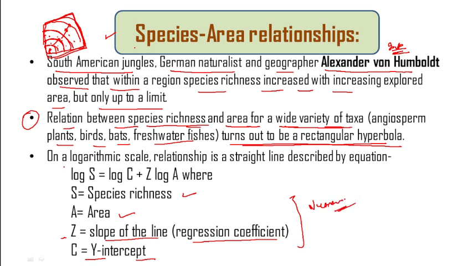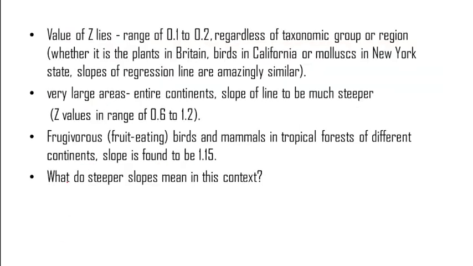So this is the equation, log S = log C + Z log A. Now the value of Z, this entire information is very important. The value of Z ranges between 0.1 to 0.2 regardless of taxonomic group or region, whether it is plants in Britain, birds in California, or mollusks in New York. The slopes of the regression lines are amazingly similar.